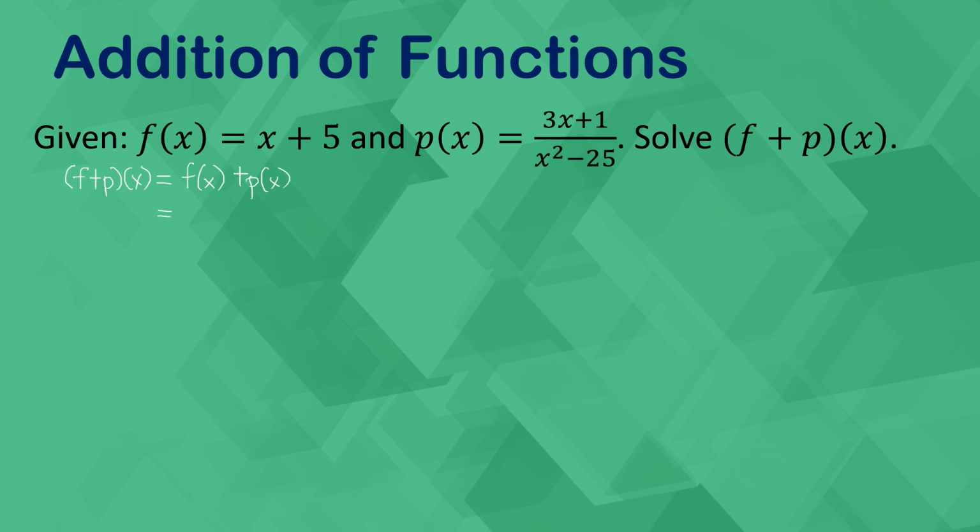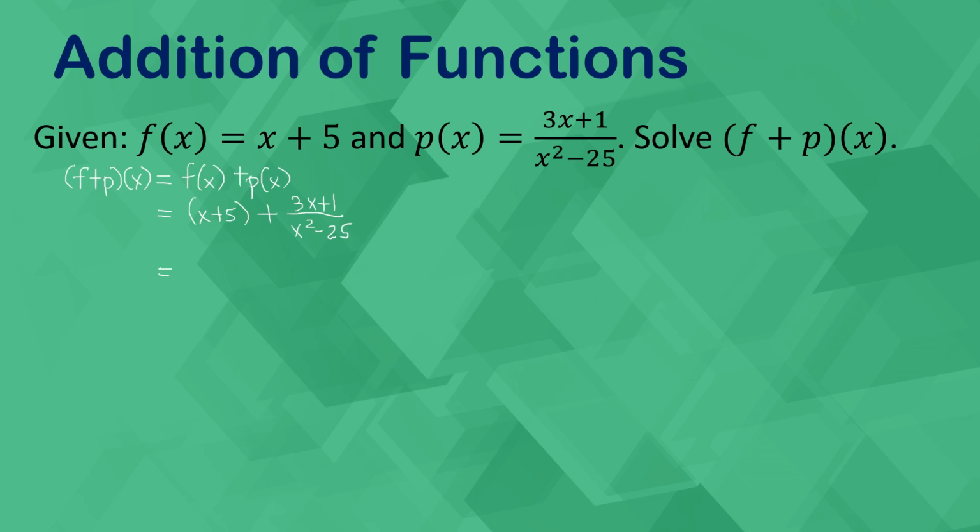We substitute the functions: x plus 5 plus 3x plus 1 over x squared minus 25. So we need to get the LCD. For x plus 5, we cannot see any denominator, but it is implied that the denominator is 1.